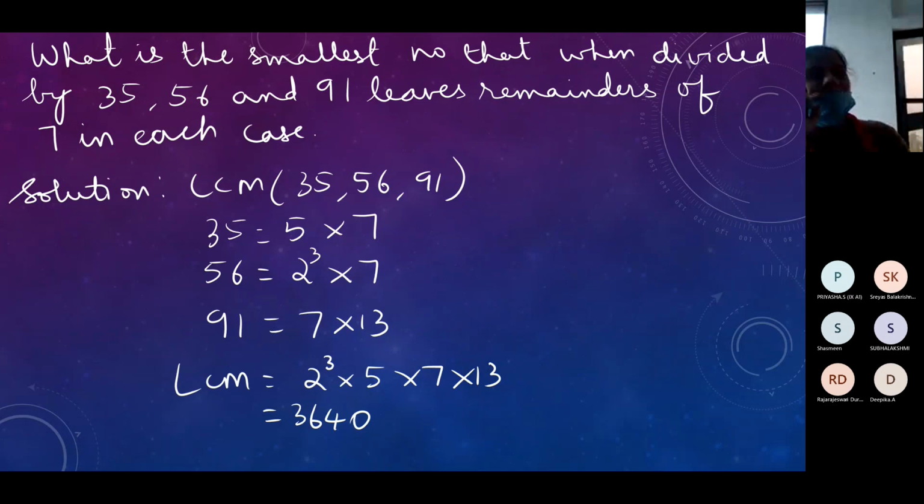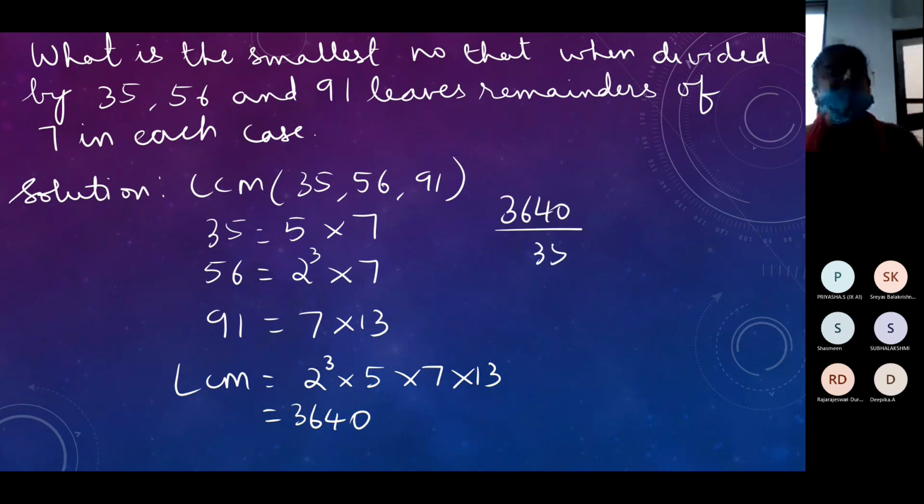Got this? Yeah. Now tell me, children, when you divide 3,640 by 35, what will be the remainder?